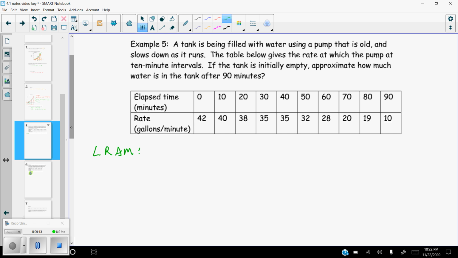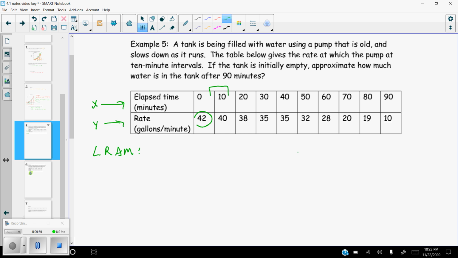But if you were to graph all of these points, the elapsed time is your independent variable. That's basically going to be like your x values. And the rate is going to be up along the y-axis, so that would be like your y. The difference between the x values is the base of the rectangle. So from 0 to 10, we've got a base of 10.